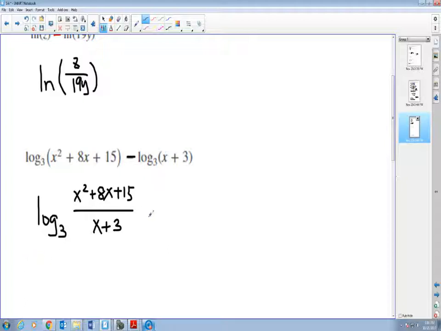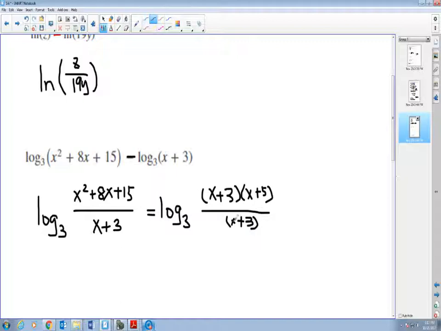I'm going to factor the top. I think this is factorable. So this is going to give me log with a base 3 of 15, 3 and 5, so that's going to be plus 3 and plus 5 over x plus 3. The denominator cannot be factored other than 1. If I put them in the parenthesis, it demonstrates a factor of 1.